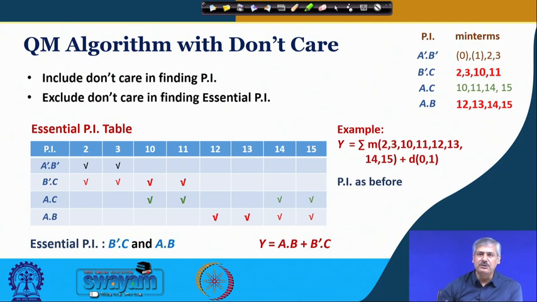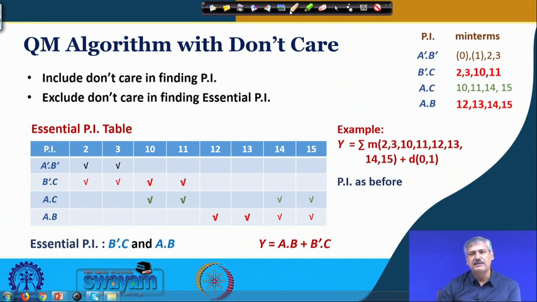When you do that, there is a possibility of getting the largest sized group, and we exclude them when coverage is required, in the finding of essential prime implicants. This is what we do, and by this we can ensure a minimized or simplified expression.